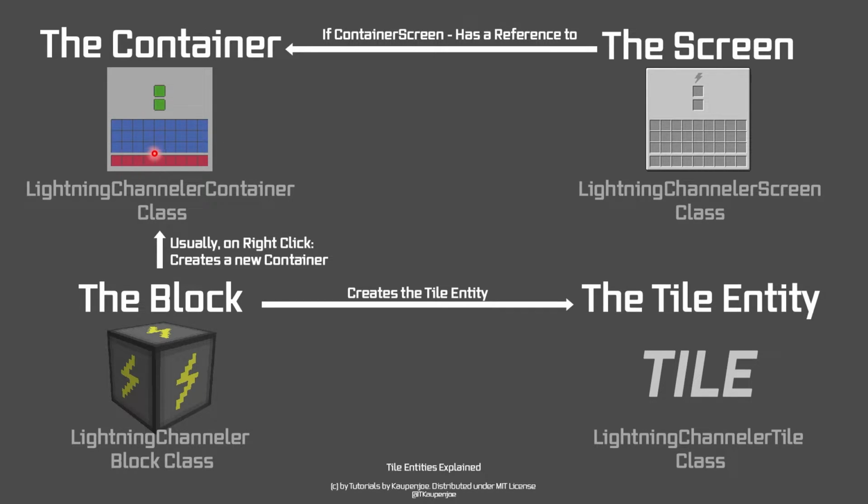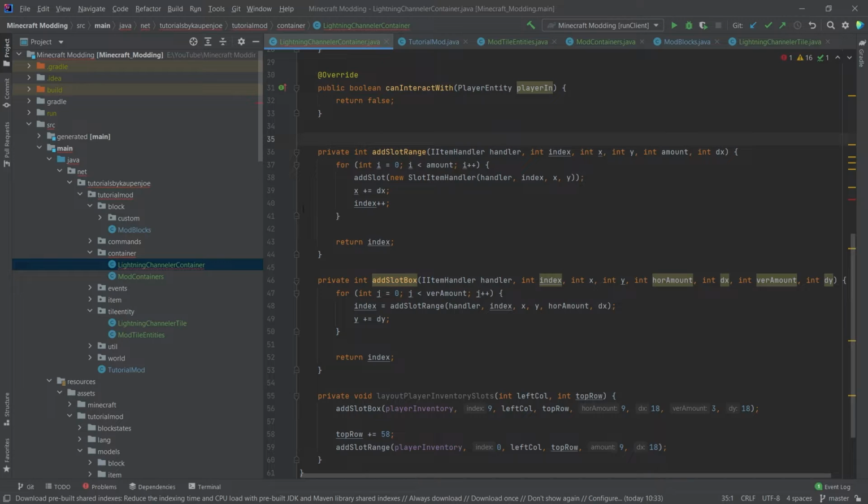Now, in theory, you could lay out the inventory however you would like. You could also make it horizontal or vertical, or you could even make it diagonal if you really wanted to. Like, there's nothing stopping you from that. However, number one, user experience, that's just going to be a really bad idea. And second of all, it's usually always the same. So this is why we actually are going to copy those over.